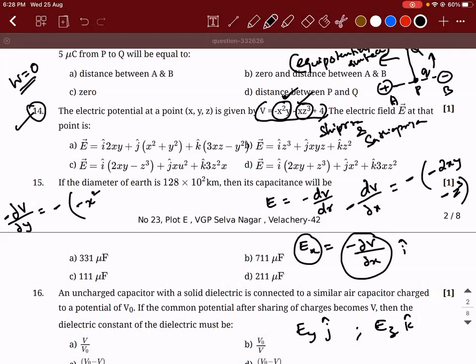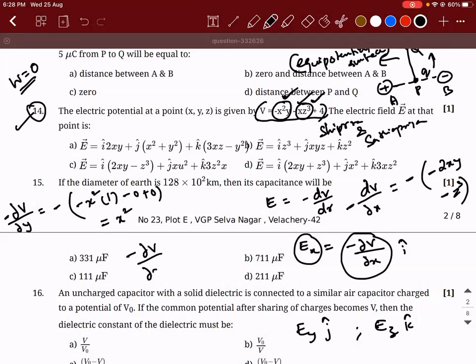So you will get minus x square into, tell me, dy by dy. What is the derivative of y with respect to y? It is 1. Xz cube: is there any y term in it? No. So this will be minus 0 plus derivative of 4 is 0. So this will come out as x square.